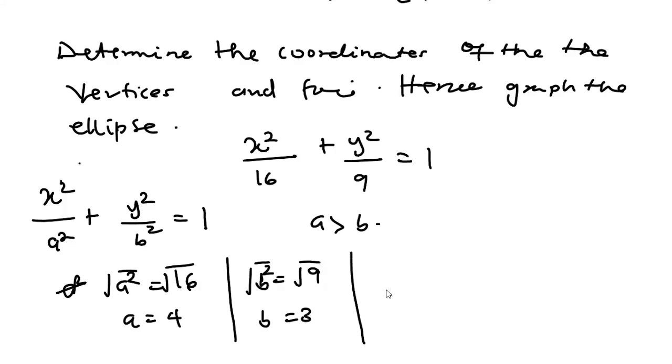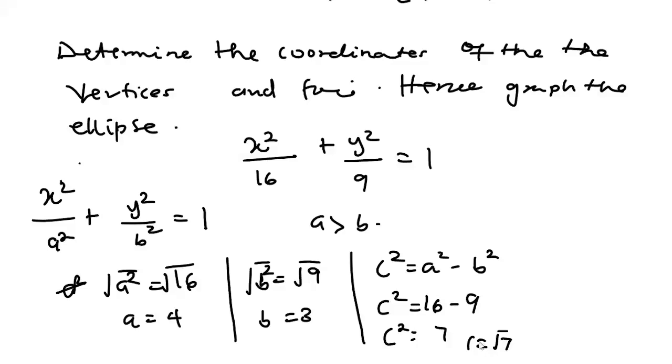Now in this case, we said that C squared should be equal to A squared minus B squared. So C squared, we got A squared is 16 minus 9. This is going to give us 7. So our C will go to root of 7.